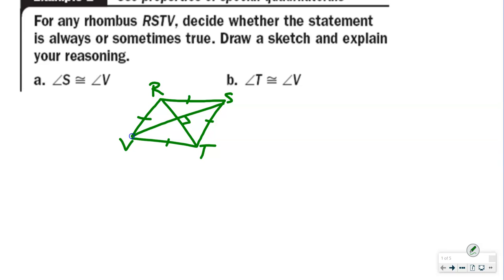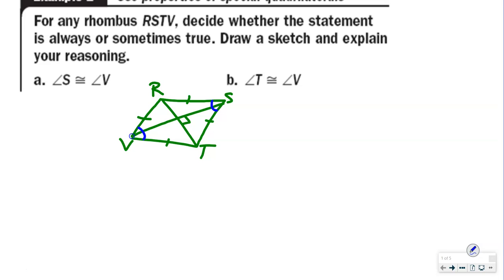Okay, so we're looking at angle S and angle V. So will S and V always or sometimes be congruent? This is always true. They will always be congruent because they are opposite angles. That is one of our parallelogram characteristics, that opposite angles are congruent.